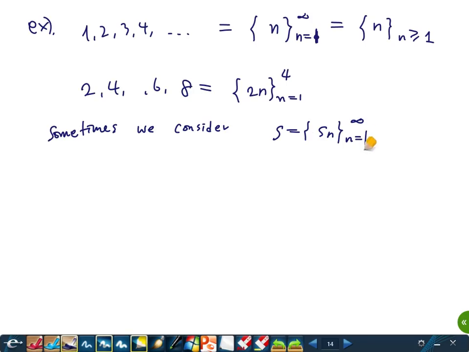Usually the index begins with 0 or 1, but we can have a more general situation, like n starting from 5 or even -2. And we can consider S_n where n is from i to j, which means the sequence S_i, S_(i+1), S_(i+2), up to S_j. So this means this.